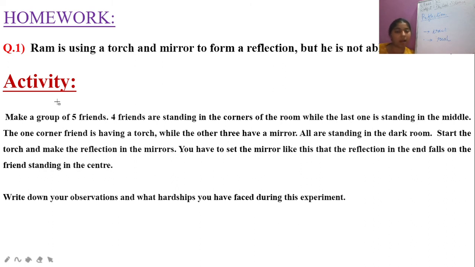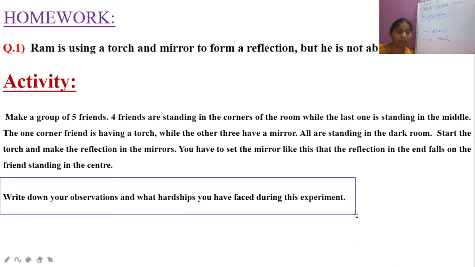Start the torch, then make the reflections and set the mirrors so that you can get the reflection to the friend who is standing in the center. After doing this experiment, you have to write down your observation and tell me, did you get some reflection on that middle person or not?